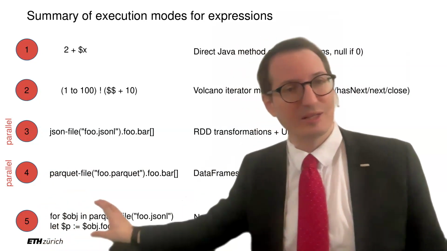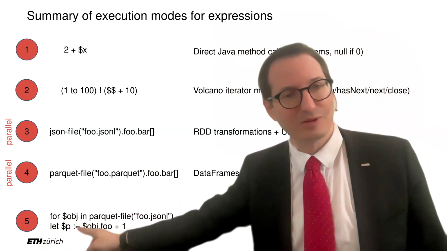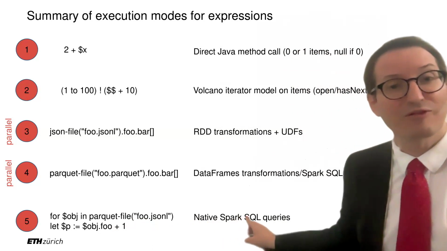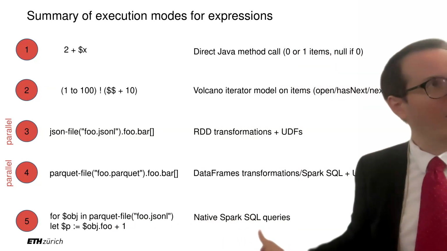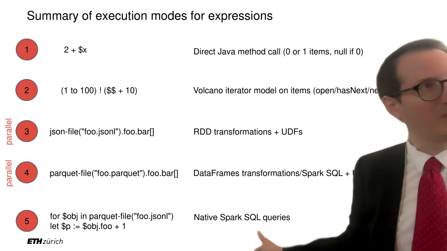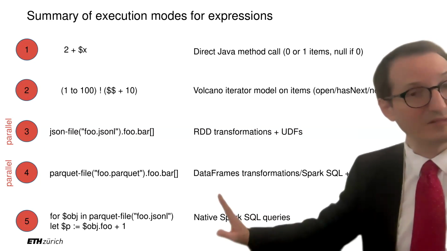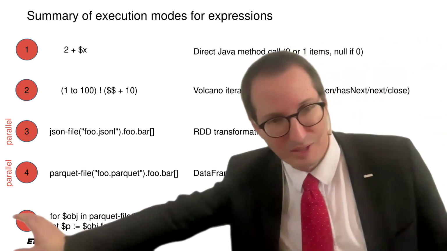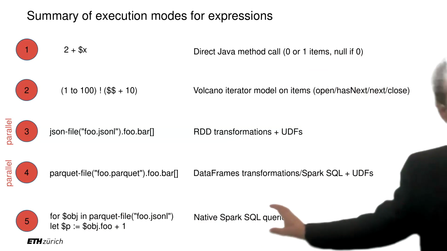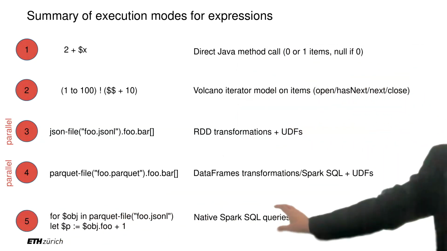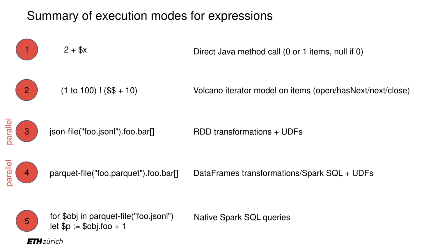And finally, what I did not say is that there is even a feature with native Spark SQL queries. In some cases, RumbleDB is even directly able to write Spark SQL code for it natively, which is even faster. So this is the fastest that it's ever going to get, compiled to Spark SQL.